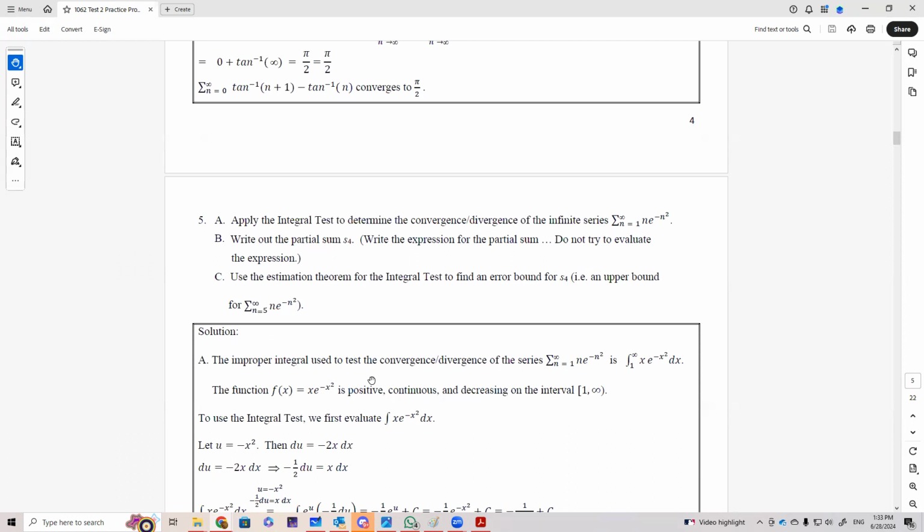So the first thing is that, of course, we want to use the integral test. And so for that, we have to check the conditions. f of x equals x e to the minus x squared is a positive function, is continuous, and is going to be decreasing on the interval 1 to infinity.